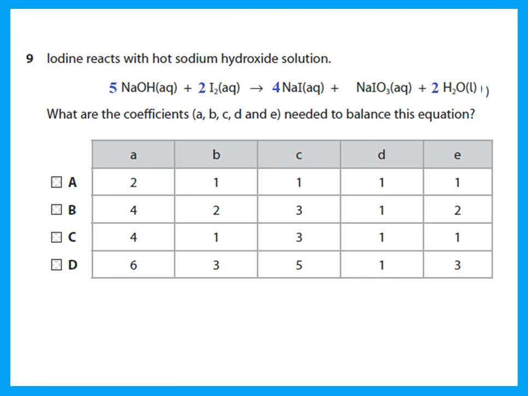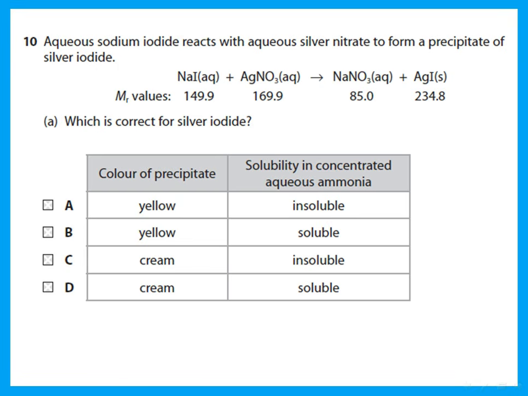So now I have 5 sodiums, so that means I need to fix the hydrogens and go on until I find that I need 6 in front of the sodium hydroxide, and that means the iodine after the arrow now is 6, so I need 3 in front of the iodine. The hydrogens now are balanced, oxygens are balanced, so that is the final balancing. Please, you keep going until the equation is balanced. Don't stop in the middle and just leave the equation.